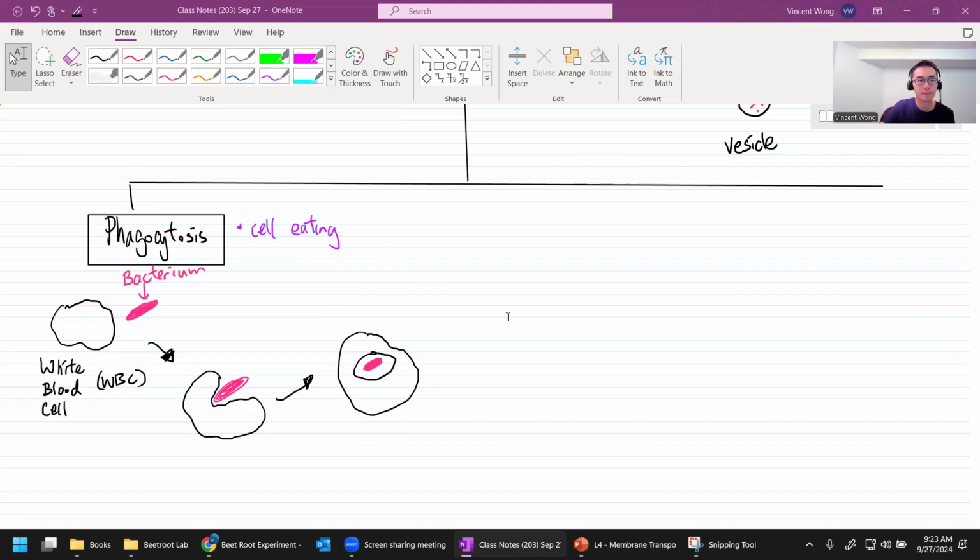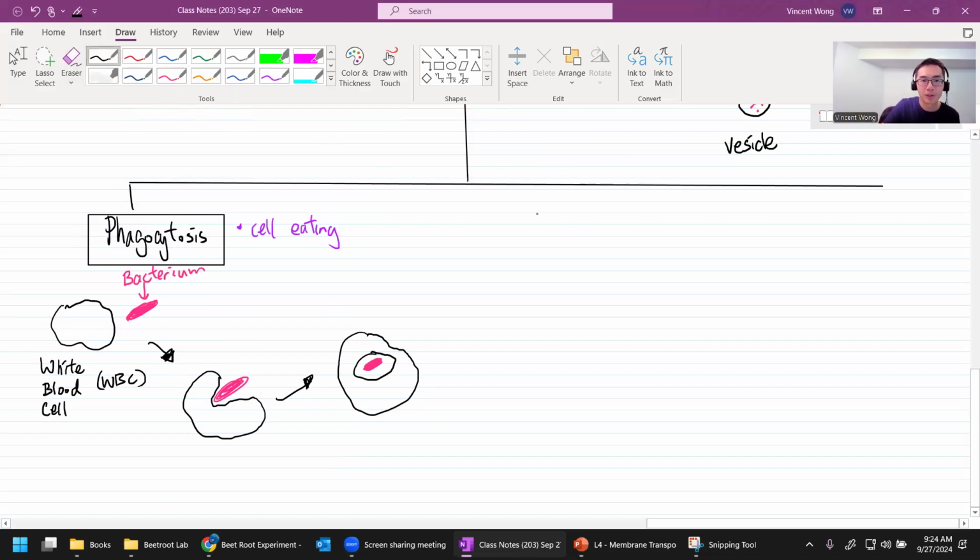Anybody? The lysosome, okay? Lysosome contains digestive enzymes and is going to come and break it down. So that's an example of phagocytosis because the cell is eating something big, something bulky.